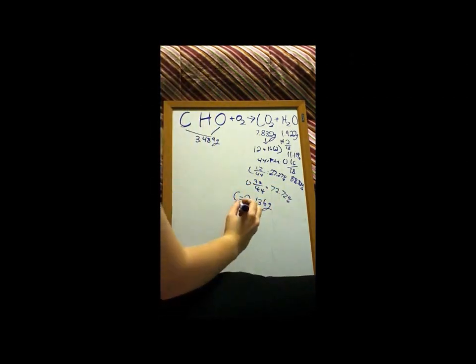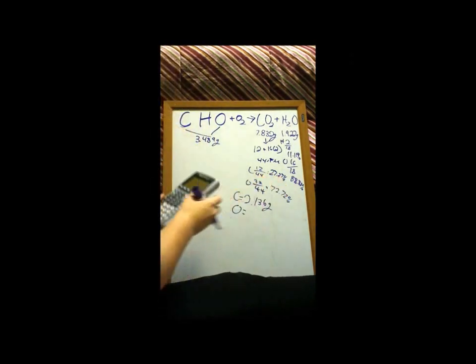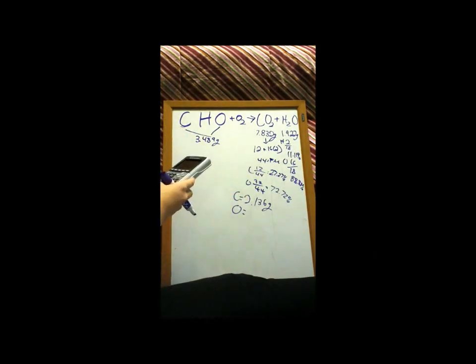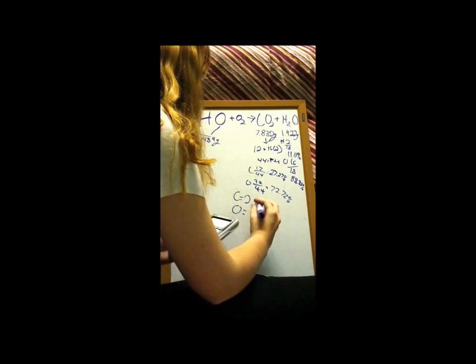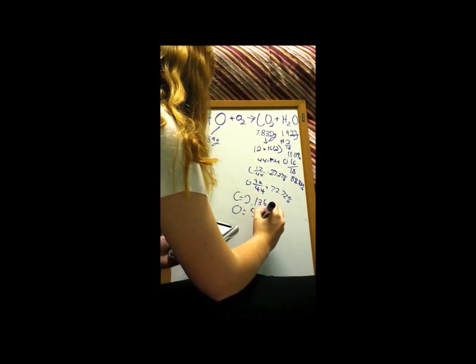And we'll do the same thing for the oxygen. We'll multiply 72.72% times 7.832 grams, and that gives us 5.695 grams for the oxygen.